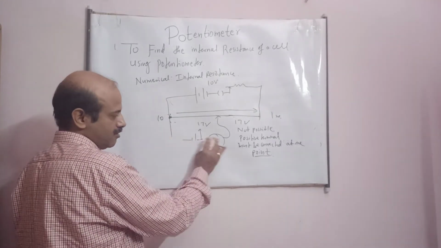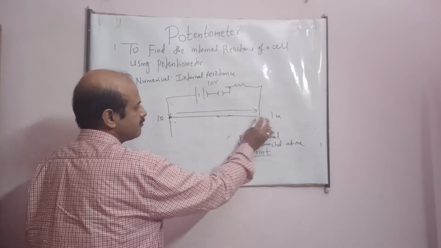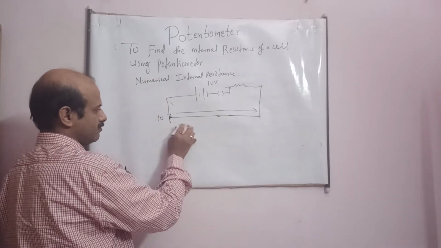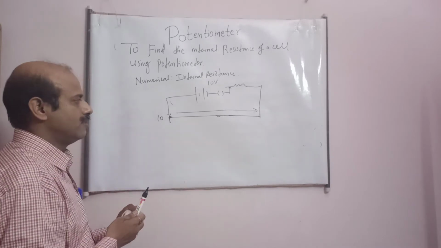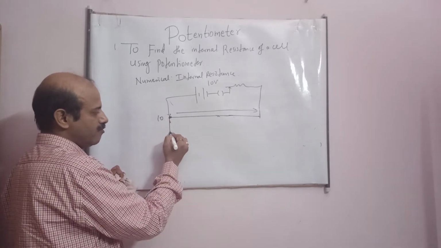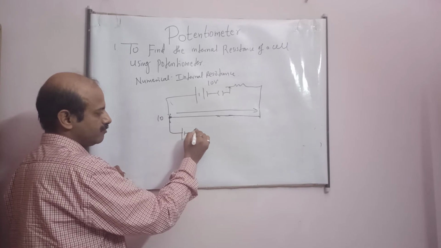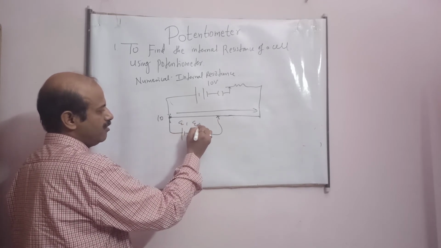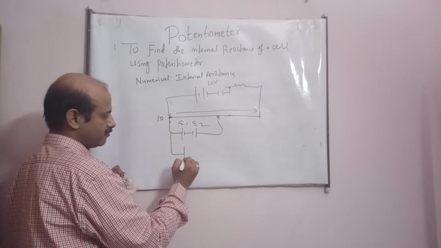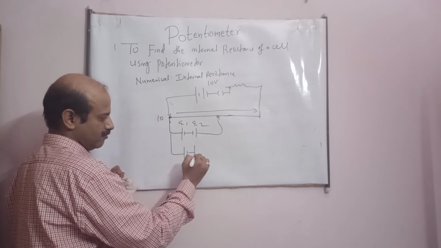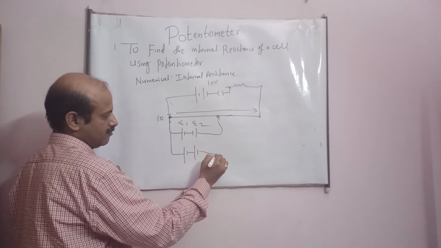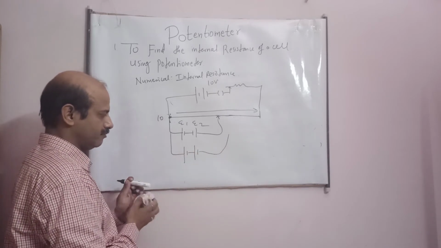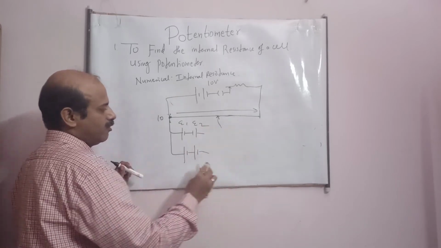Now student, let's solve some more numericals from the CBSE board examination. Suppose I have a combination like this, student. E1, E2. Here there will be a two-way key, student.